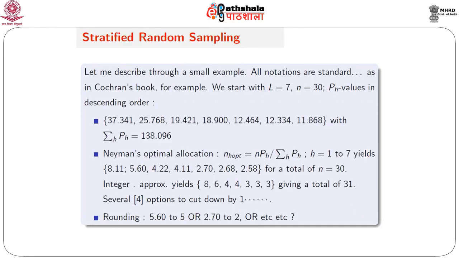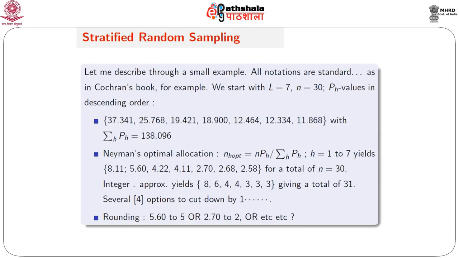So, let me describe it through a small example. All the notations are standard, you will find them in Cochran's book, for example. So, we start with 7 strata with an overall sample size of 30, and let me show straight away the P_h values, because these are the things that are ultimately involved in the expression for n_h opt.